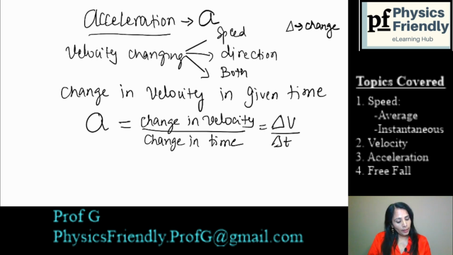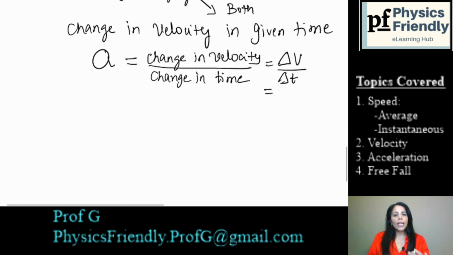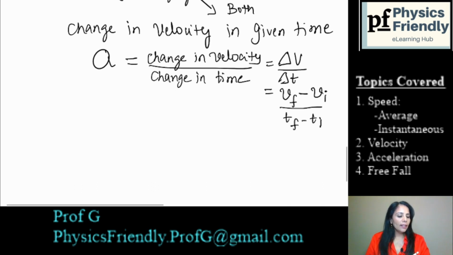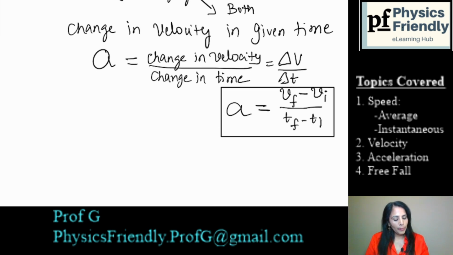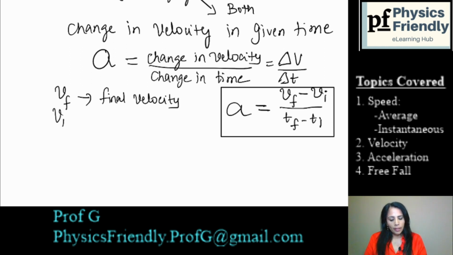Okay, so now for the change in velocity, this would be your final velocity minus initial velocity, over final time minus initial time. So let me move this equation symbol to here. So this is your acceleration in equation form. Now v_f stands for final velocity. It becomes more clear when I take some examples to work on in a few seconds.